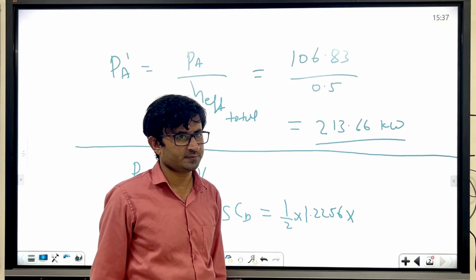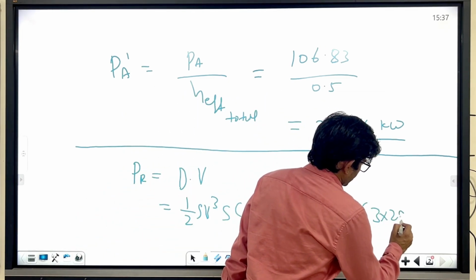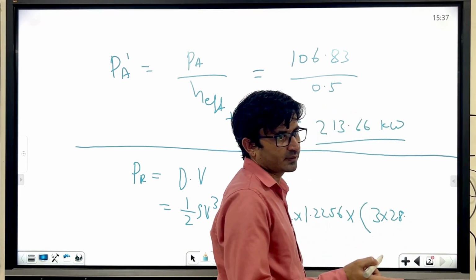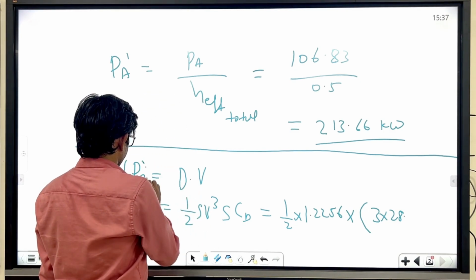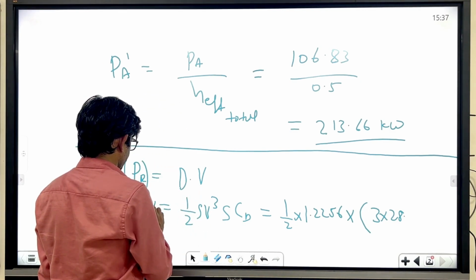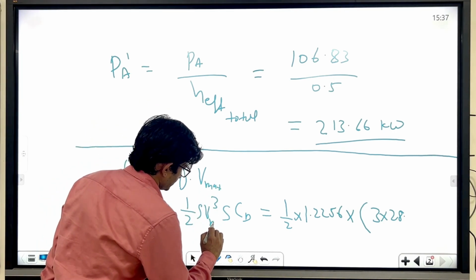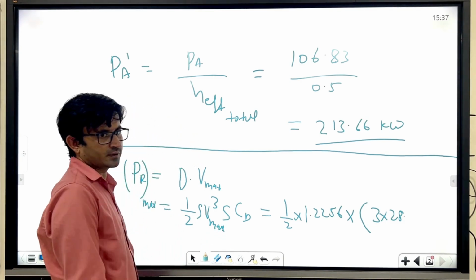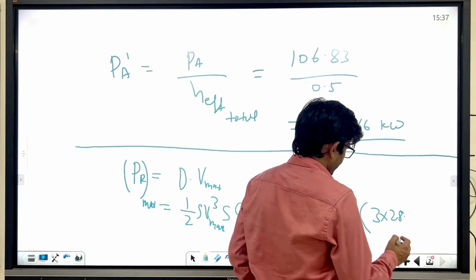So what is the stall speed? Can you tell me? 3 into 28.3. I am taking the maximum velocity because here I am finding power required max. Okay, so Vmax is 3 times V stall. So 28 point.